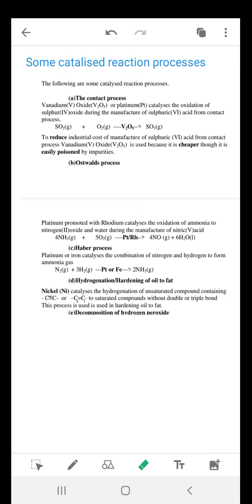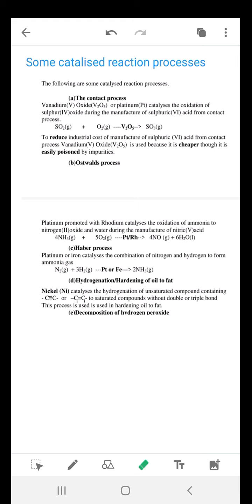Also, in the same class in organic chemistry, when you are looking at hydrogenation, what is hydrogenation, candidates? Hydrogenation? Good. So we said hydrogenation is addition of hydrogen on the organic compounds, the unsaturated compound.